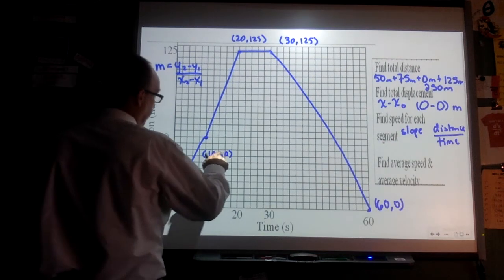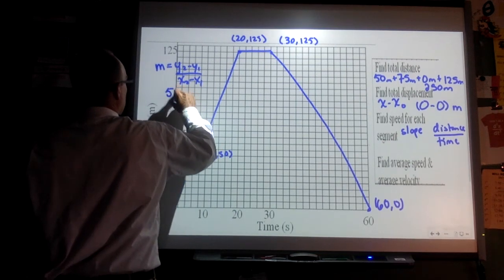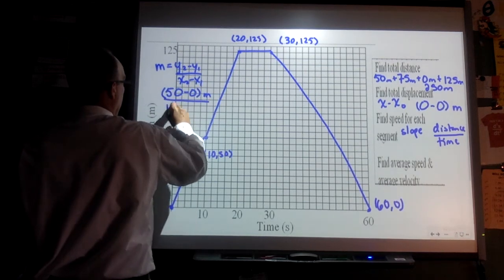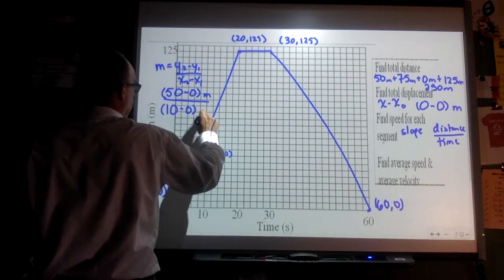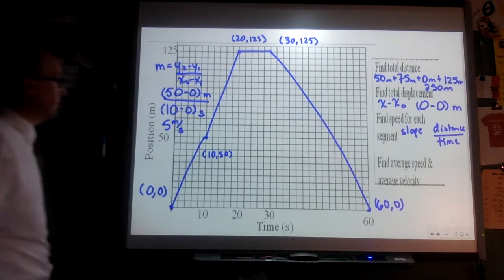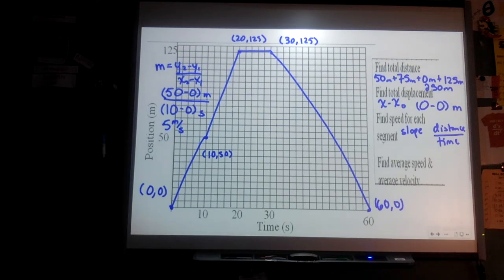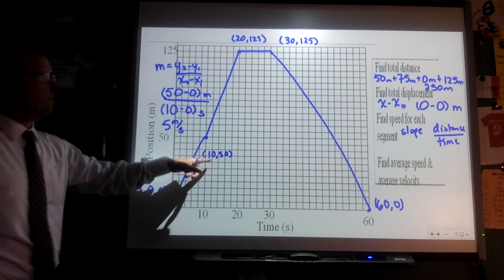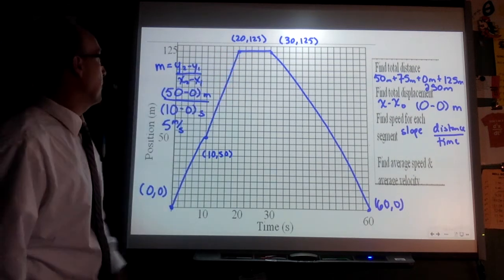So I'm going to have 50 minus 0 meters over 10 minus 0 seconds. So my first increment is going to be 5 meters per second. My second one's going to go from 10 comma 50 to 20 comma 125.